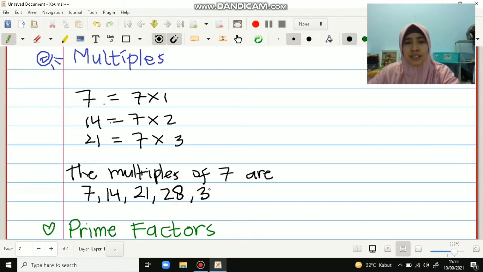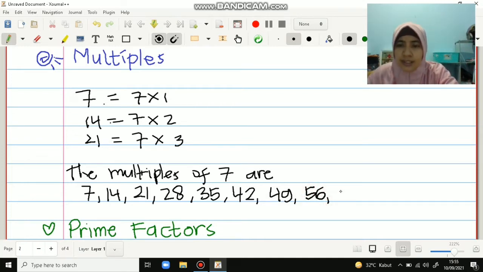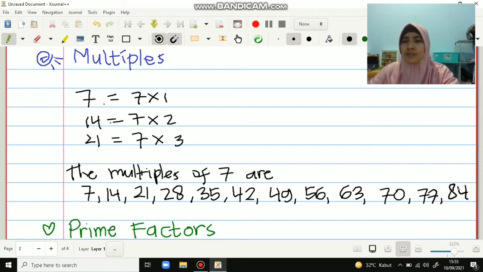The fifth is 35. The sixth is 42. And the seventh is 49. The eighth is 56. The ninth is 63. And the 10th is 70. The 11th, 77. And the 12th gives 84. These are multiples of 7.